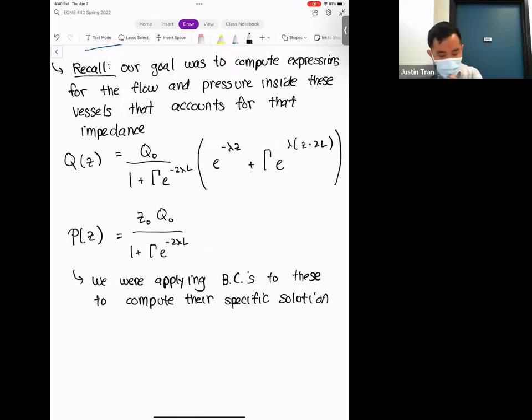Our denominator is the same, 1 plus gamma e to the minus 2 lambda L. And in the parentheses we have the same thing as well: e to the minus lambda Z minus gamma e to the lambda (Z minus 2L). Those are our expressions that we can use to compute the flow and the pressure.